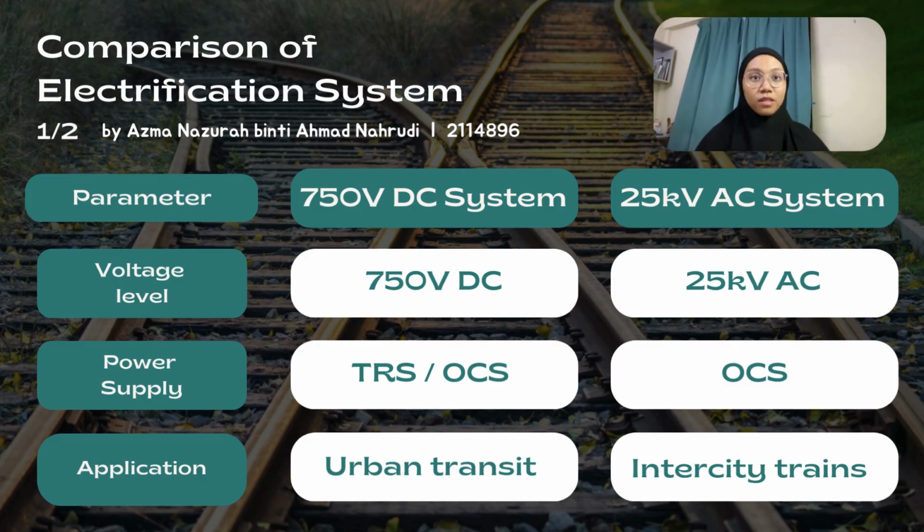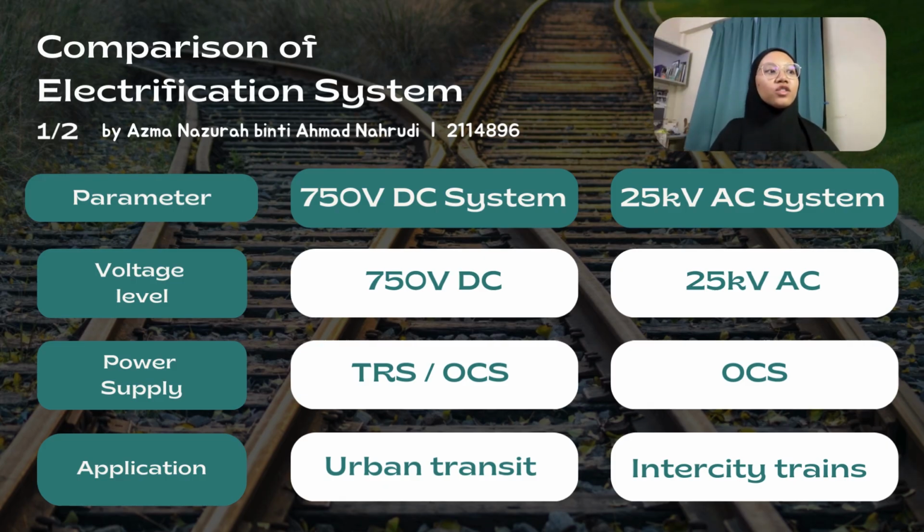This is because it plays with the efficiency, which is the next slide. With the 25 kV system we have a big amount of voltage, and we need only a small amount of current, because a small amount of current means small losses. So it can get the same power with only a little current, and that's why it's very efficient for intercity trains.